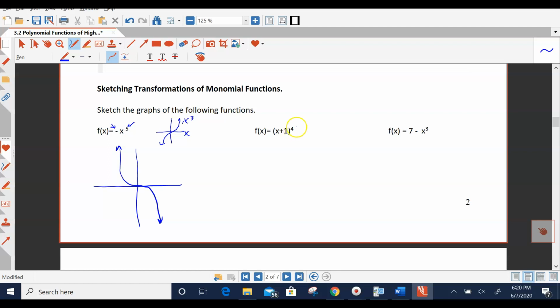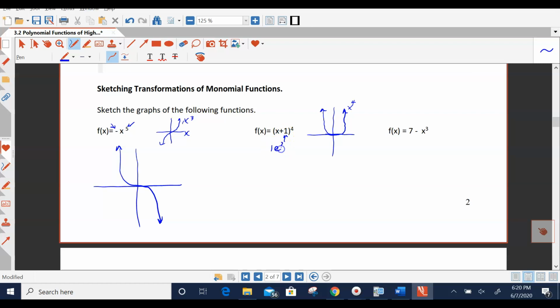Let's take a look at this one. When it is an even degree, we know it's going to be a parabola shape, but it's going to be flatter here around the origin. So x to the fourth looks just like x squared, with a few exceptions, but the same basic shape. Now, recalling our transformations, this one is going to move where?